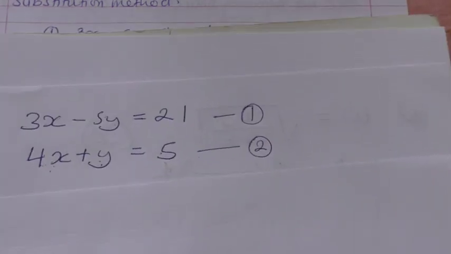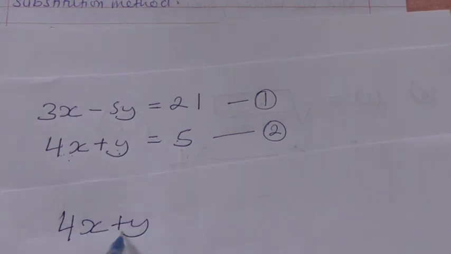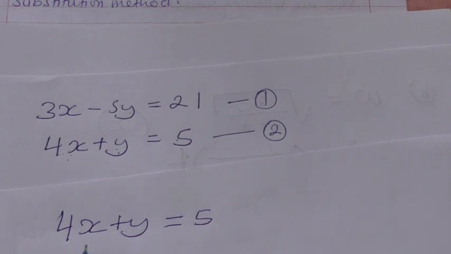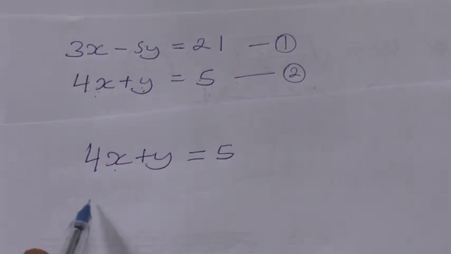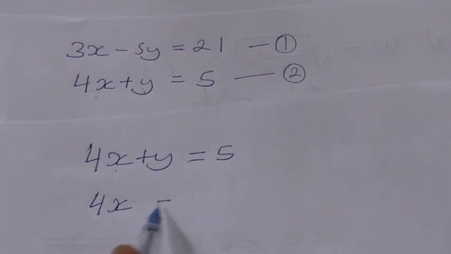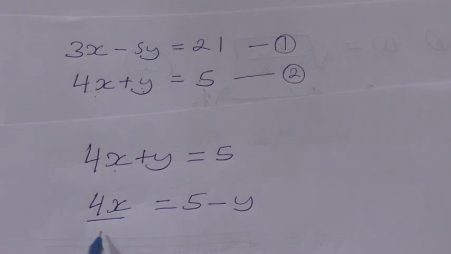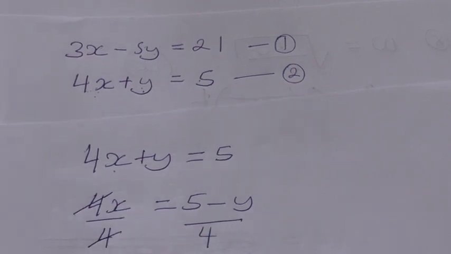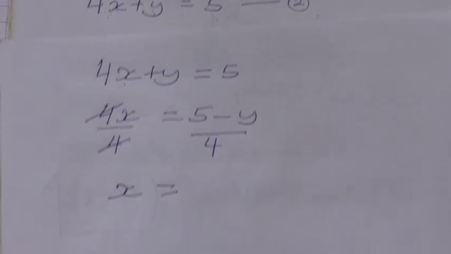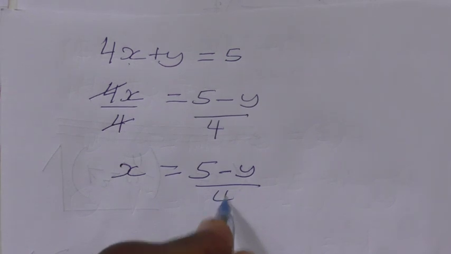From the same equation, 4x plus y equals 5, if I'm to make x the subject, then it will be 4x equaling 5 minus y, and then I divide by 4, which gives me x as 5 minus y over 4.